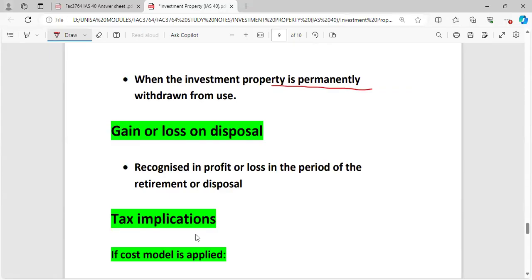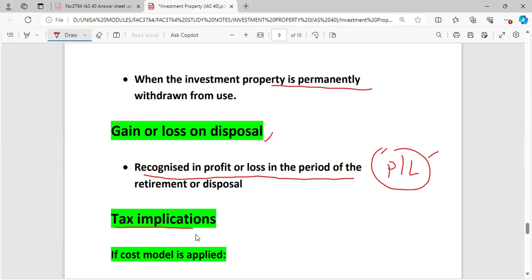I think we've already talked about it. If there is a profit on disposal of the investment property, it goes to the profit and loss as income. If it is a loss, it goes there as an expense.